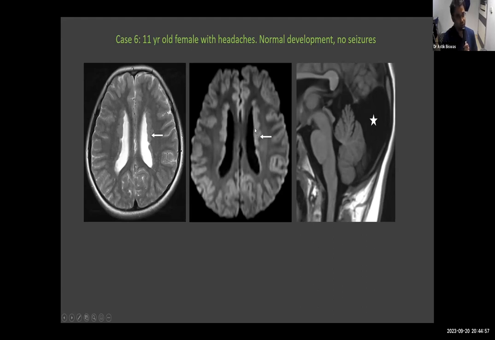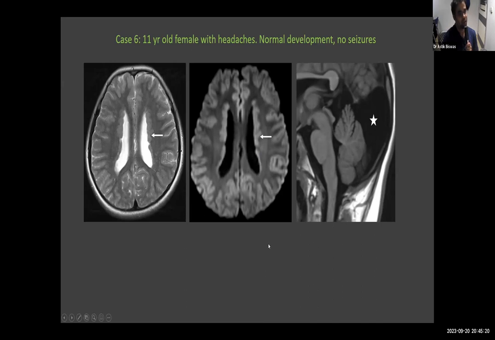The B1000 of the diffusion weighted image is actually quite useful for picking these up. It kind of lights up on this because they are isointense to cortex, so they appear quite prominent. So it's useful when you're looking for PVNH to also quickly look at the diffusion weighted images as a screening.